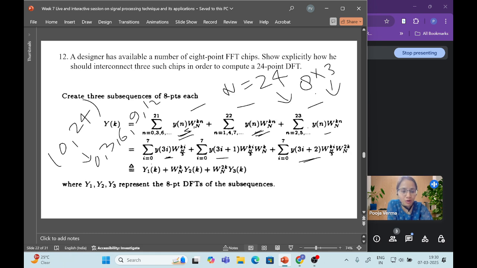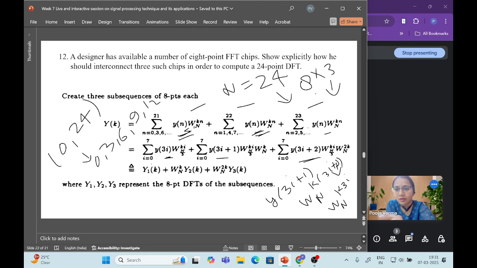Okay, now already we have seen previously how we can solve it. So I am taking just one example where we are taking y of 3i plus 1. So in place of small n, we are putting 3i plus 1. So that will be multiplied by W_N^{k}, and W_N^{k} into 3i.